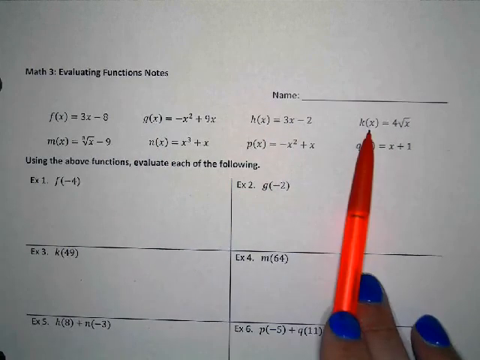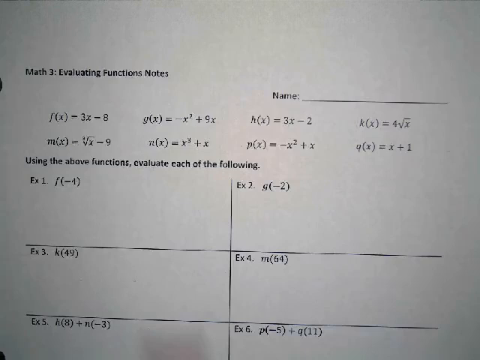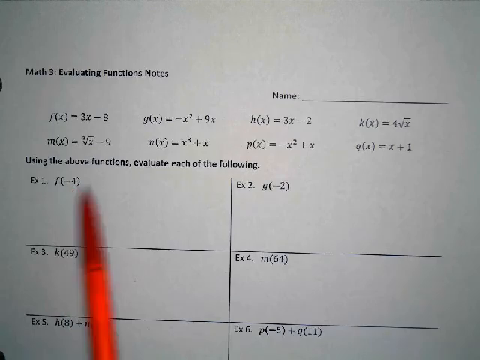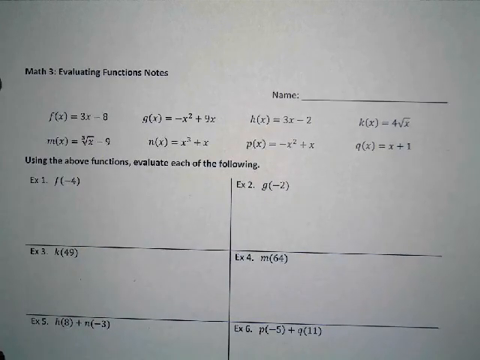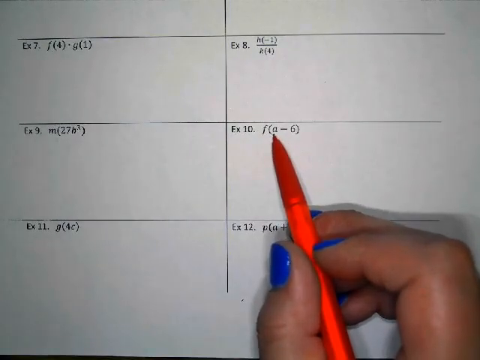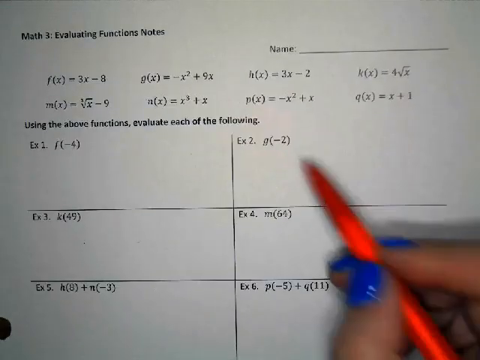So when we do each problem, you'll know which function we're using based on which letter is in the problem. Then we're going to plug a number into them, or when we get to the problems that are a little bit more complicated, we'll be plugging in variables or expressions. And once we plug the number in, then we'll see what that function equals.